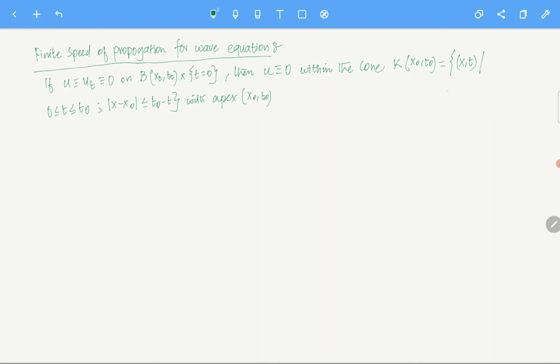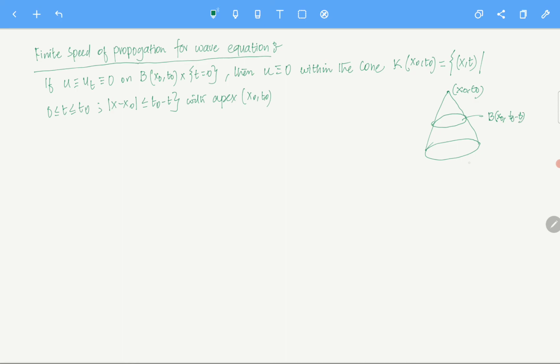So you understand what I am trying to say? The cone will look like this. This is (x0, t0), and somewhere here is the ball B(x0, t0 minus t).